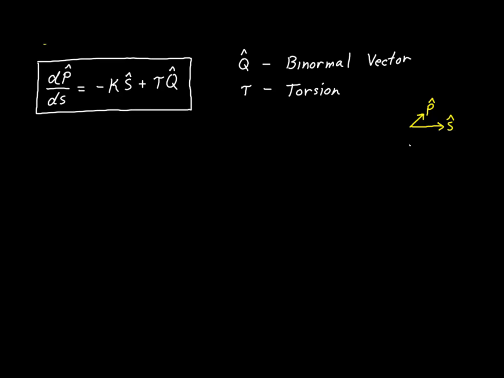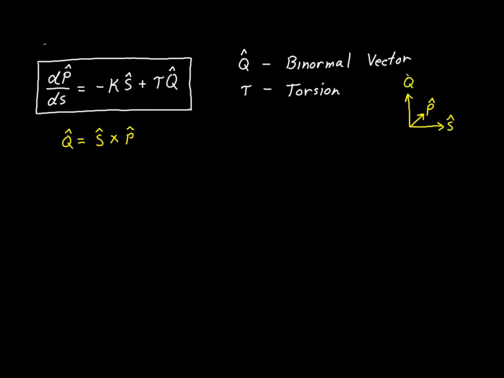So what we're going to do is to include as part of our definition here that Q hat is going to be defined as the cross product of S hat and P hat. Now, according to our diagram over here, that means, using the right-hand rule, that Q hat is going to be a vector pointing in this direction right here.